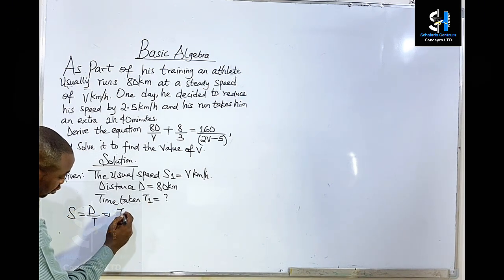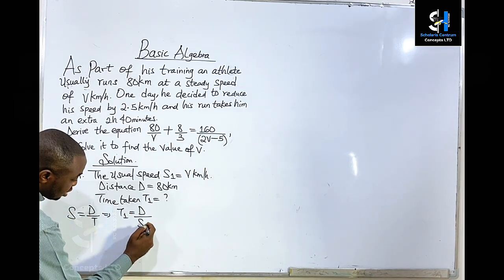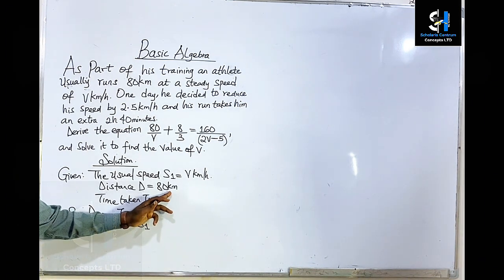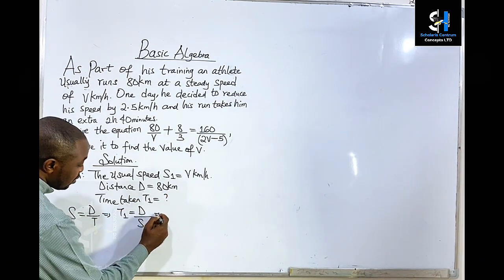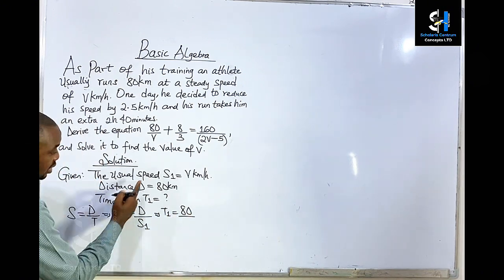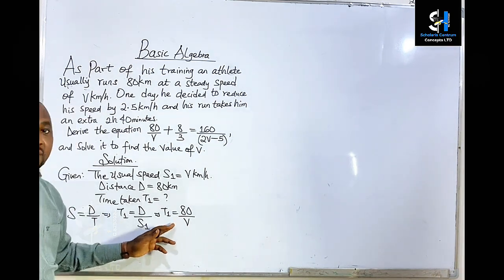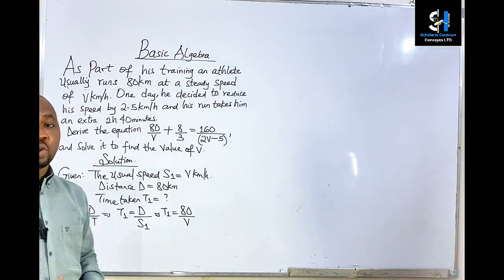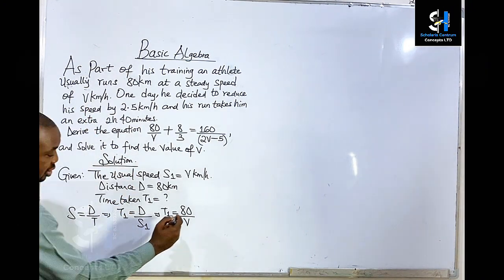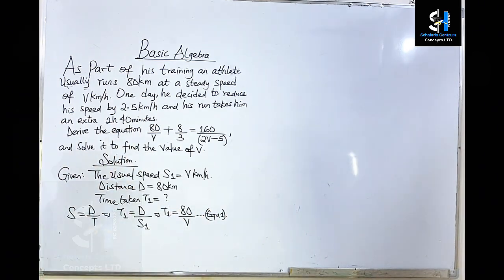So to calculate T1, T1 will be D divided by S1. D is 80 kilometers, so T1 equals 80 divided by S1, which is V. This is the time it takes the athlete to run 80 kilometers at a steady speed of v kilometers per hour. Let's call this equation 1.